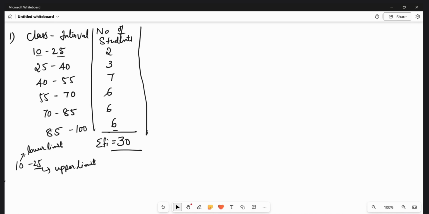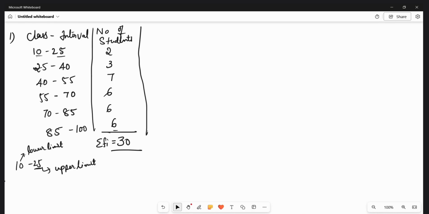Understood, right? Now tell me one question. 25 is there. Whether it includes to the first class interval or the second class interval? Second class interval. So 25, we will count in the second one.